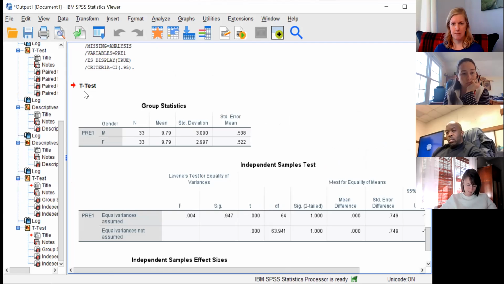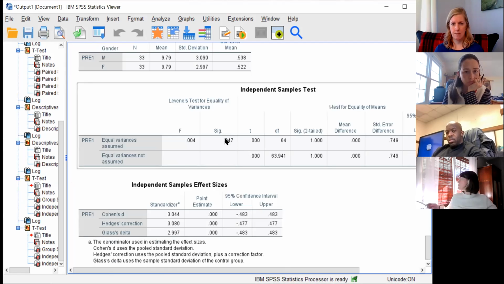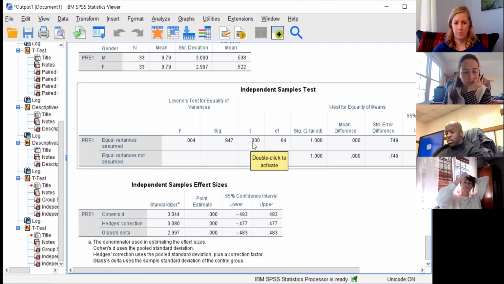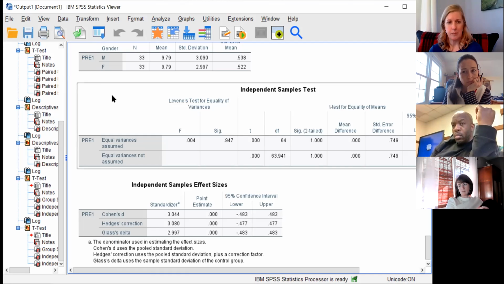And so this is, once again, the t-test. The Levene's is not significant, so we know equal variance is assumed. This is a strange one because there is no t-value, and the significance level is 1. Why would that have happened? Well, it would have happened because we matched males and females based on the pretest.